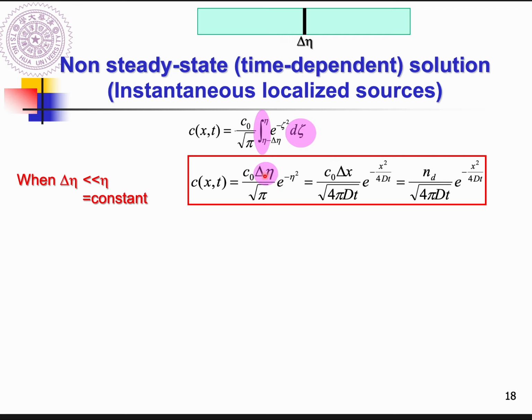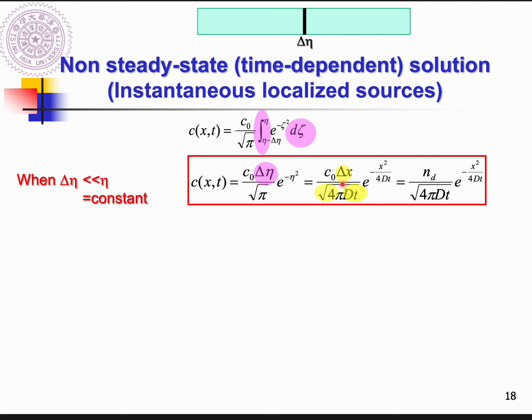Next, what is delta eta? It is delta x divided by the square root of 4Dt. So we converted eta and expressed it as a function of x and Dt, right?